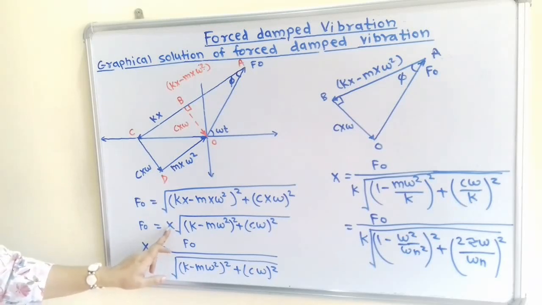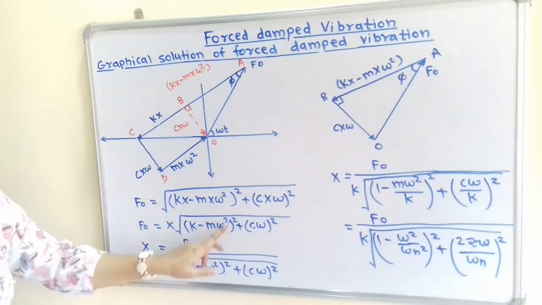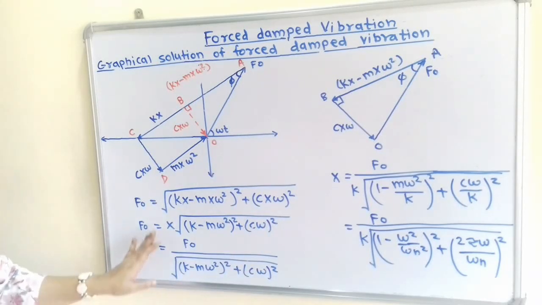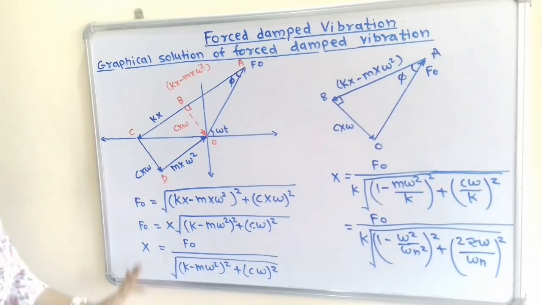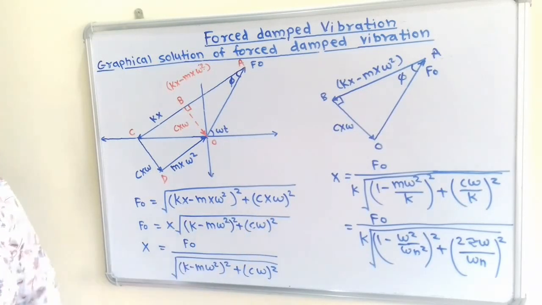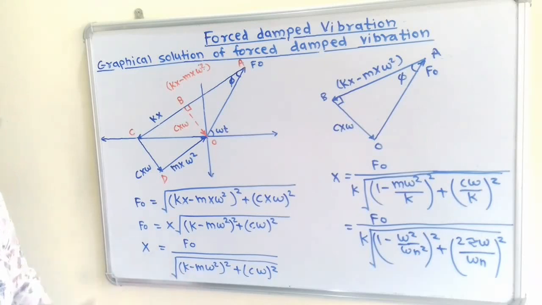So Fo is equal to x times square root of (k minus m omega square) square plus (c omega) square. Now we will find out the value of x. So x is equal to Fo divided by the square root term in the denominator. Now again we will take k square as a common term. So when we take k square as a common term outside the square root, then it will become k.